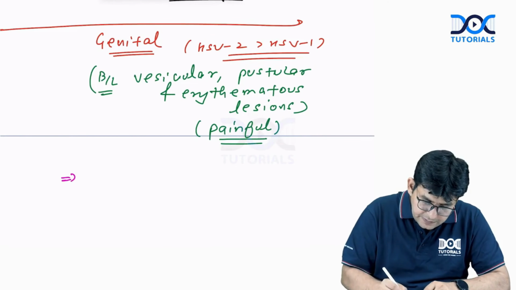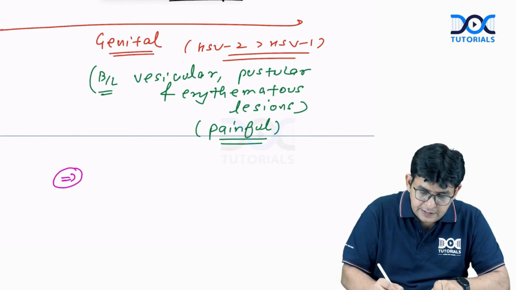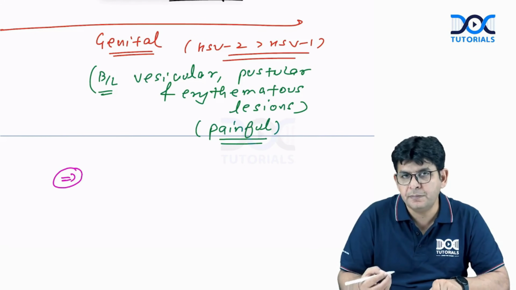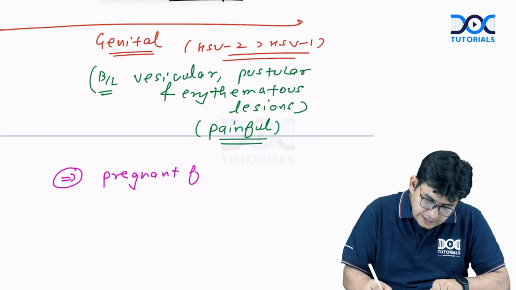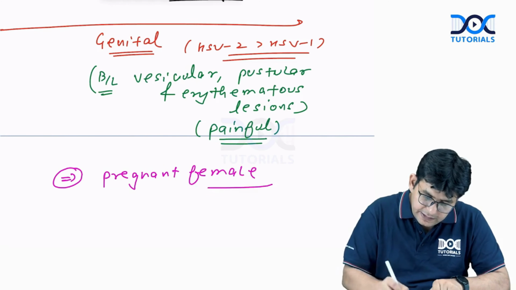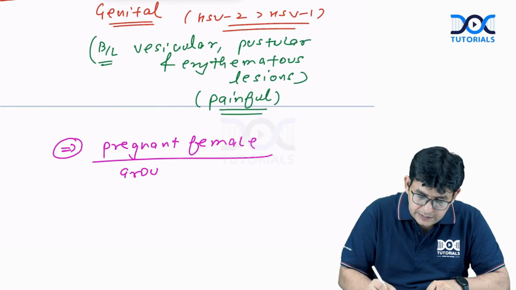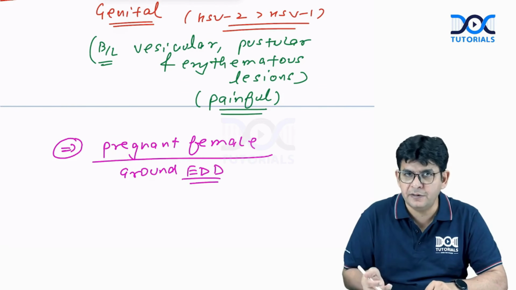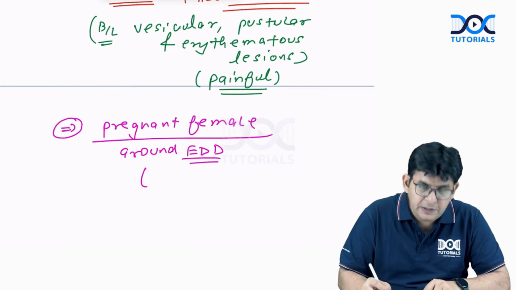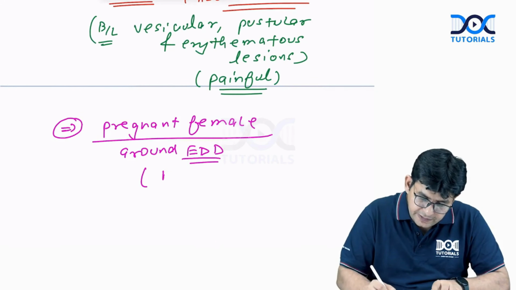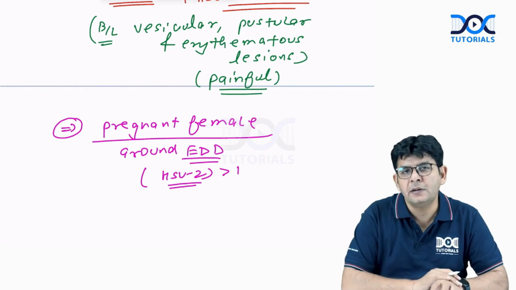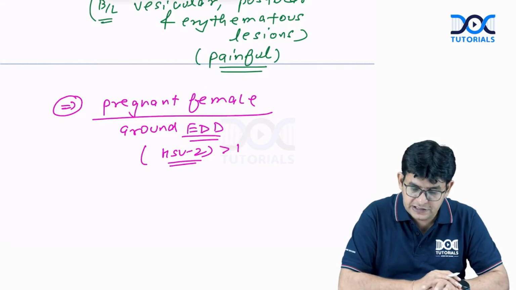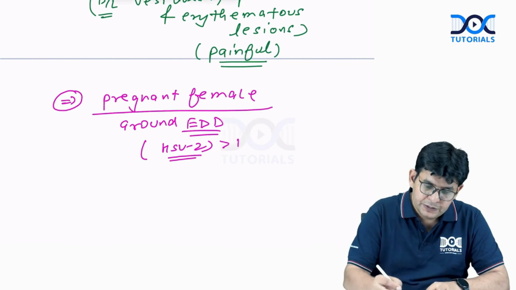Now the thing which comes up here is that suppose there is a pregnant female, and she is around the EDD, expected date of delivery, and at that time she acquires the infection of HSV2, because that is what mostly causes genital lesions. HSV2 infection happened.